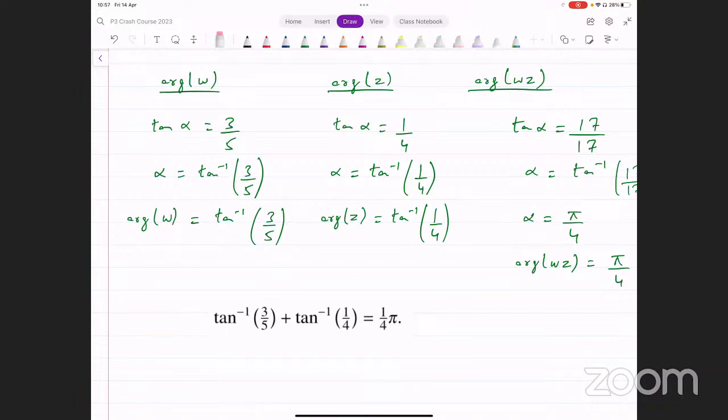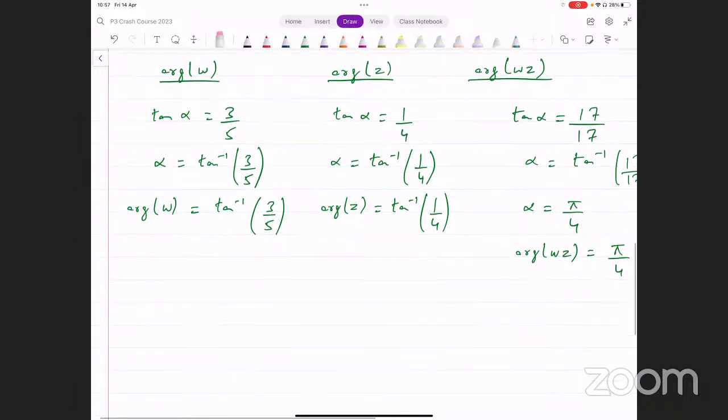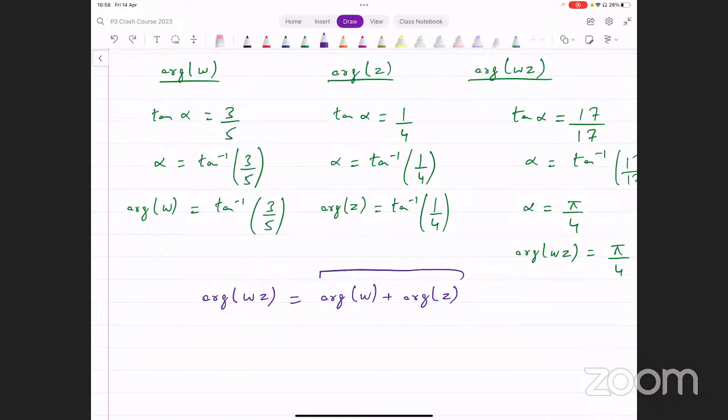WZ is the product of W and Z. Using the rules that we just discussed earlier, 10 minutes ago, we can write down that the argument of WZ, which is the product, should be equal to the argument of W plus the argument of Z. Because the argument of the product of two complex numbers is equal to the sum of their individual arguments.